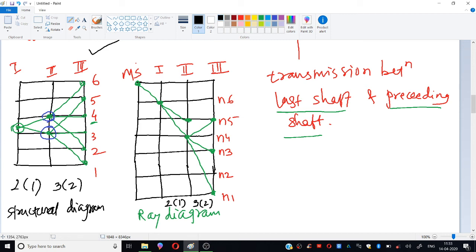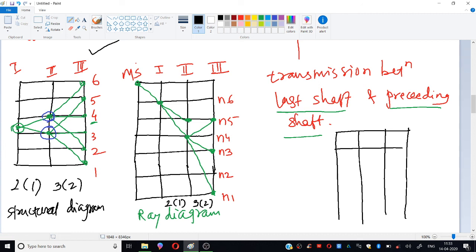We know that we have 4 lines, 1, 2, 3 and 4, and we have a total of 7 lines: 1, 2, 3, 4, 5, 6, and here we have 7. So total 7 lines. Now here we are going to write its speeds: N1, N2, N3, N4, N5, N6.